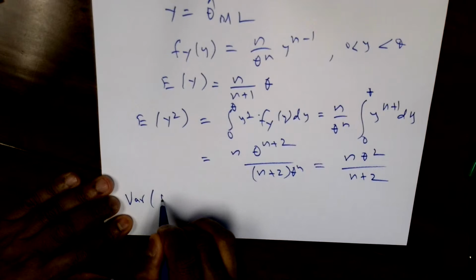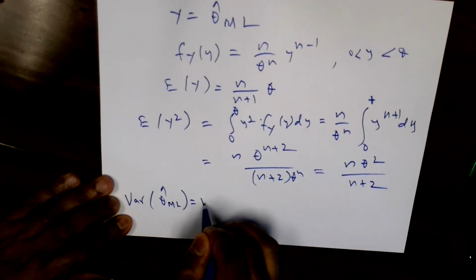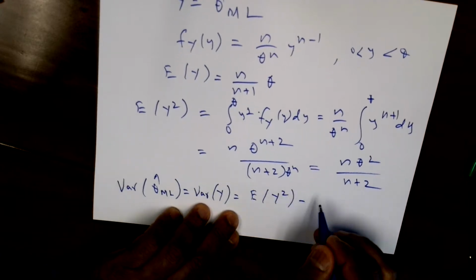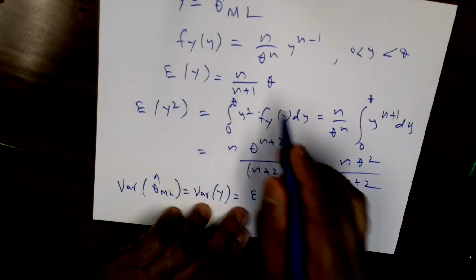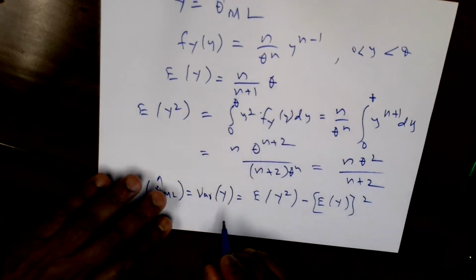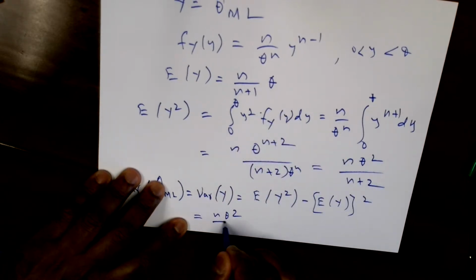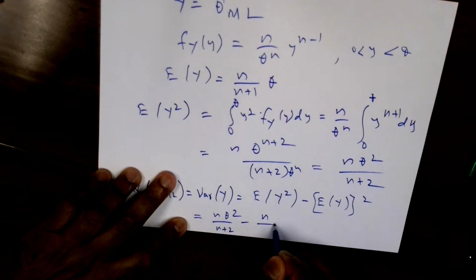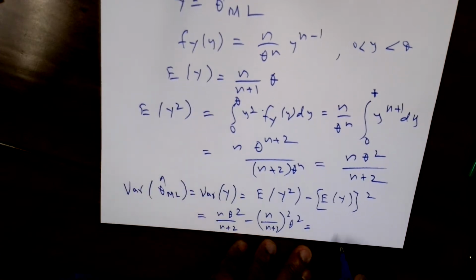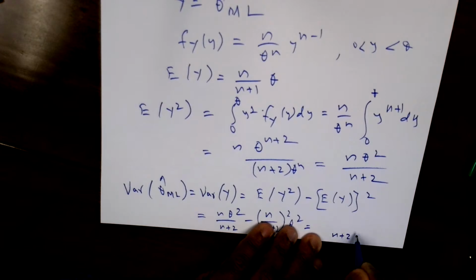So the variance of the maximum likelihood estimator, which is the same as the variance of y, is the expected value of y squared minus its mean squared. The mean is here, the expected value of y, whole squared. So let me substitute all the values. We have n theta squared over n plus 2 minus n over n plus 1, the whole squared, theta squared. So I have (n+2)(n+1) squared in the denominator.